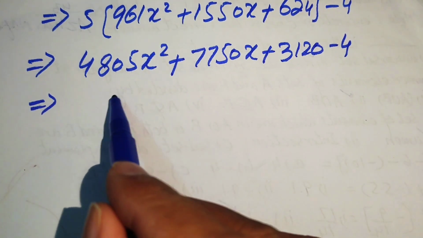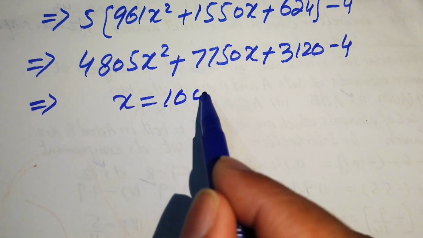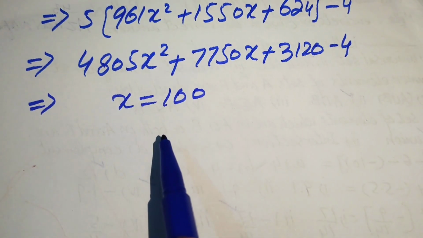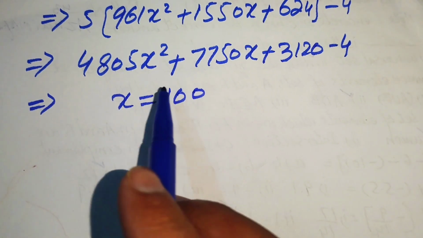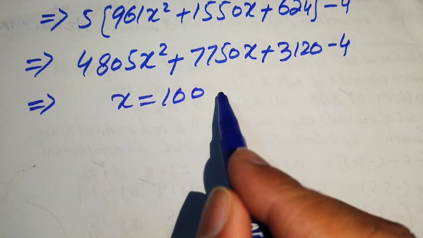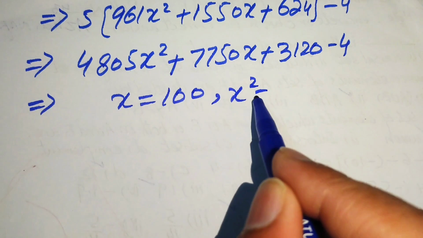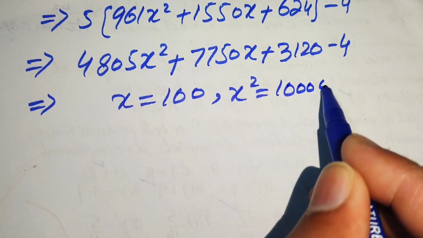We know here our x is equal to 100, and we know the square of 100. When you take the square of 100, you get x square equals 1 followed by 4 zeros.